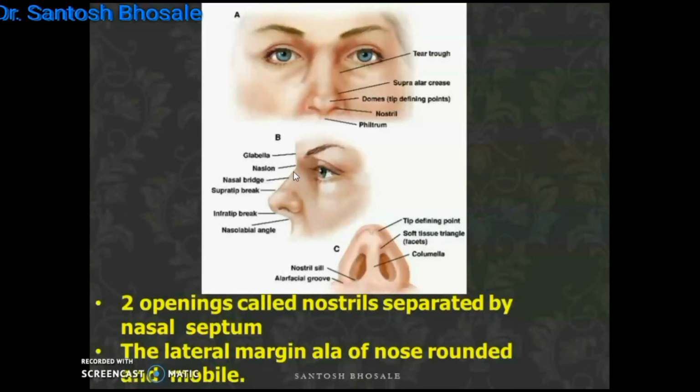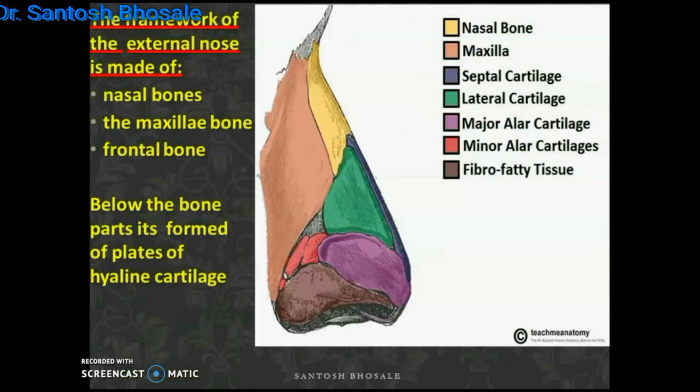You can see the root, that is the bridge, which on either side forms the dorsum of the nose, and you can see the supratip break between the lateral cartilage and the alar cartilages, the infratip break, and the prominent major alar cartilage guarding the anterior part of the nostrils.